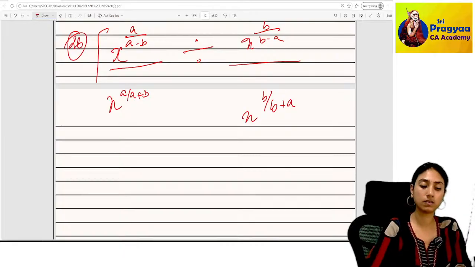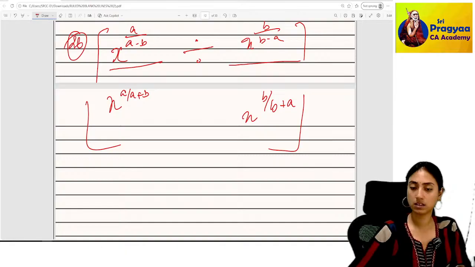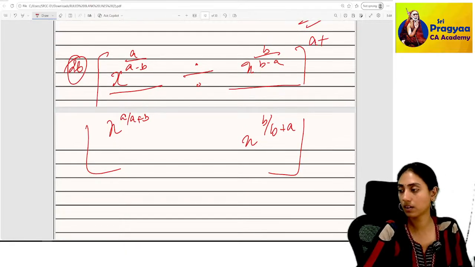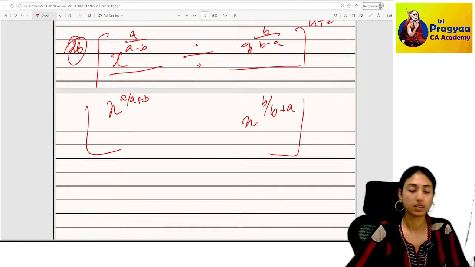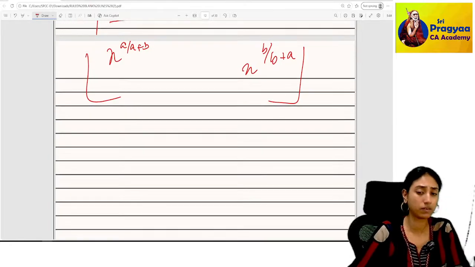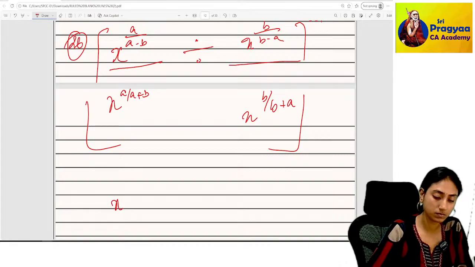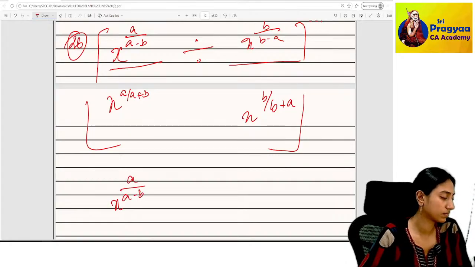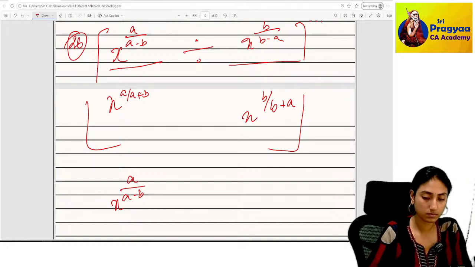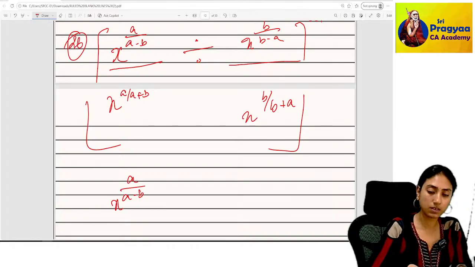This whole thing is raised to the power of a plus b. ஒரு term வரலாமா? First term, how will you write the first term? First term ங்கிறது, do you mean this or this?